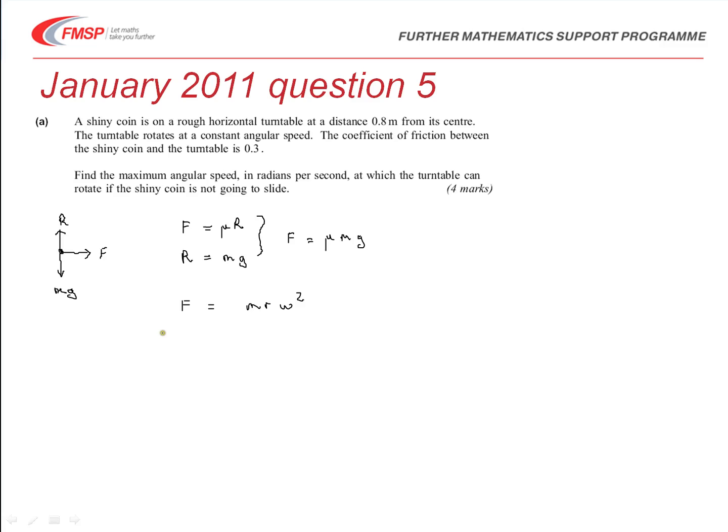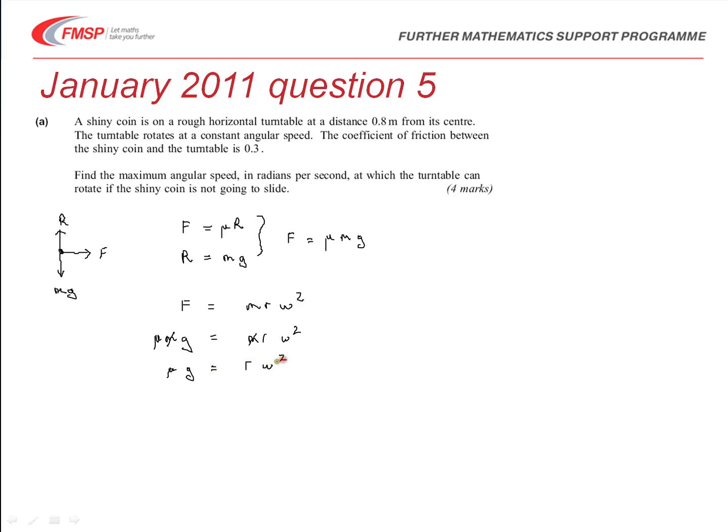So combining those two things together, we have the fact that mu mg must equal m r omega squared. So in fact m must cancel out of that, so we're just left with the fact that mu g is equal to r omega squared.